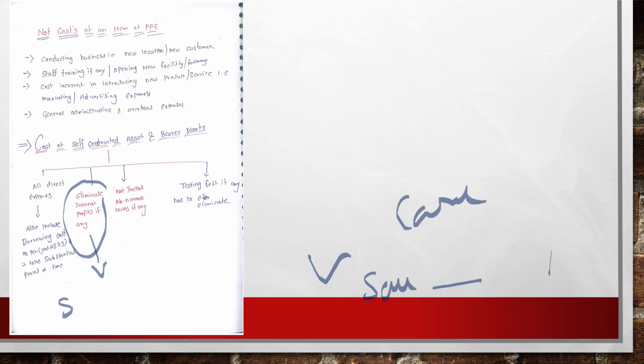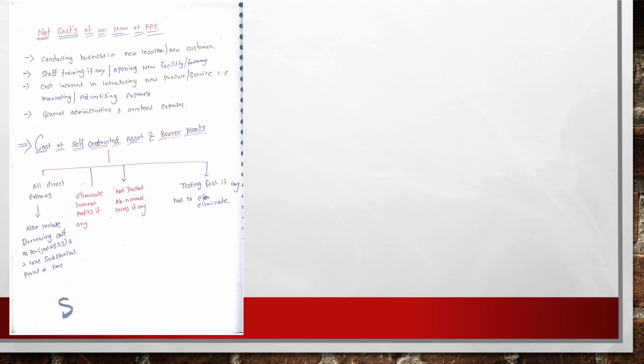So for self-constructed assets, you should also eliminate all abnormal losses completely. If there are any abnormal losses, you should eliminate them. Suppose the production cost is 1000 and the units are 100.